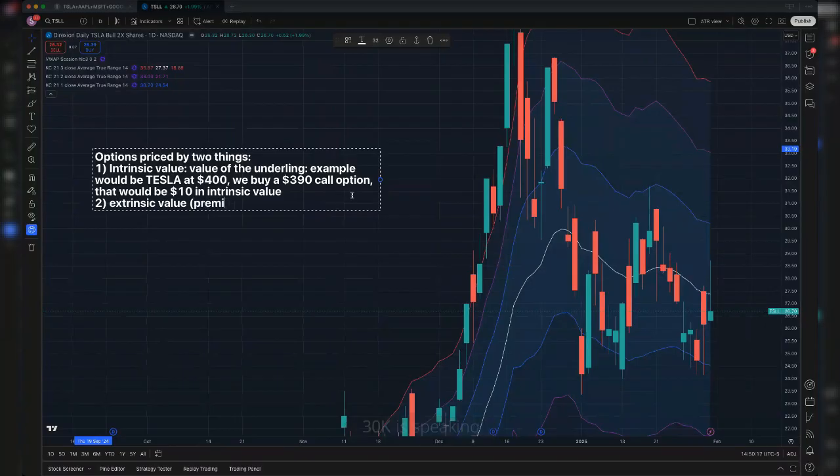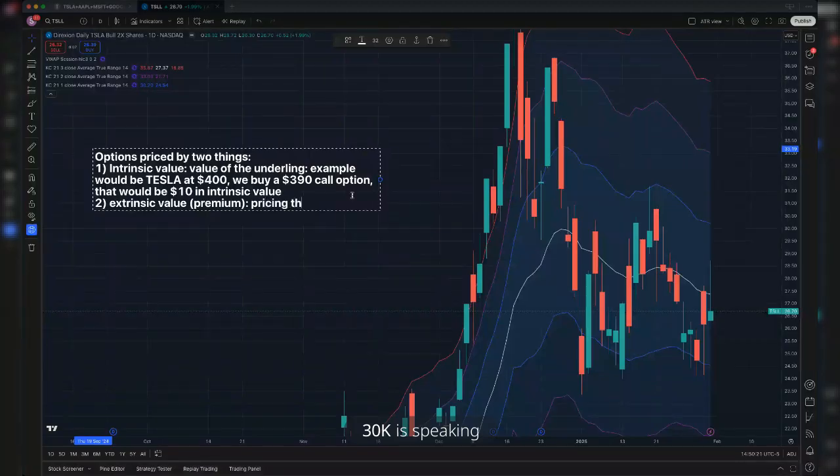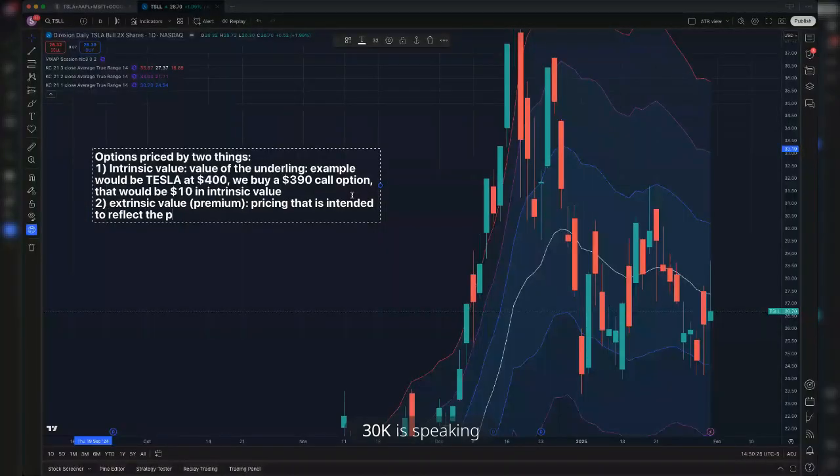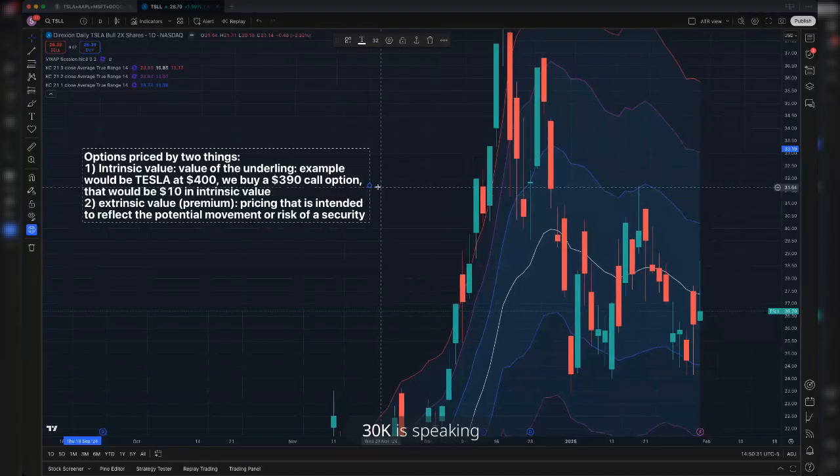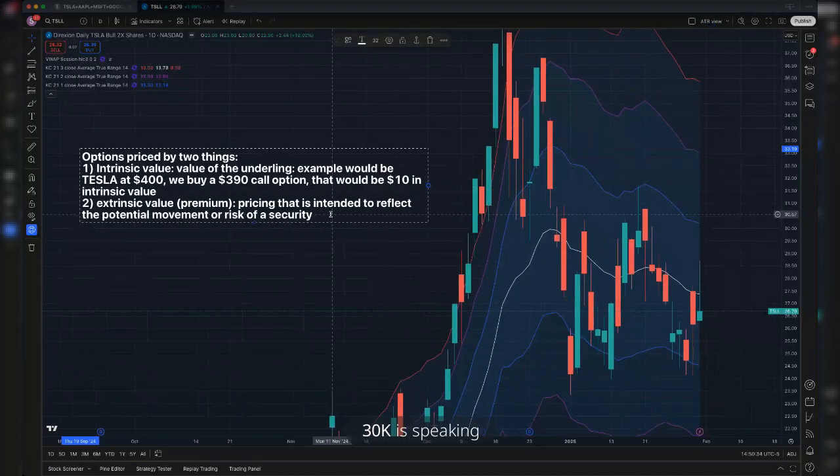That's pricing that is intended to reflect the potential movements, or risk, of a security. Everybody I think understands those two things. Intrinsic value is obvious, and that is influenced solely by the value of the underlying.